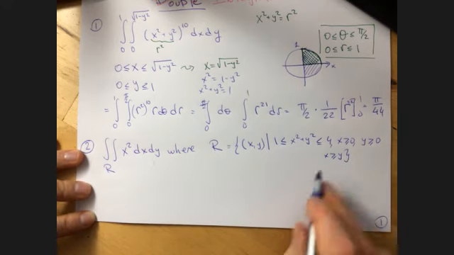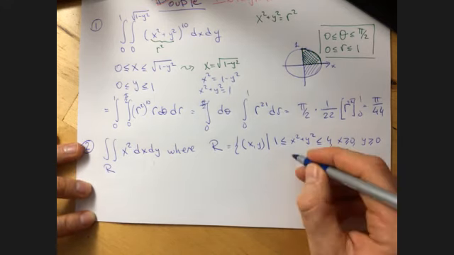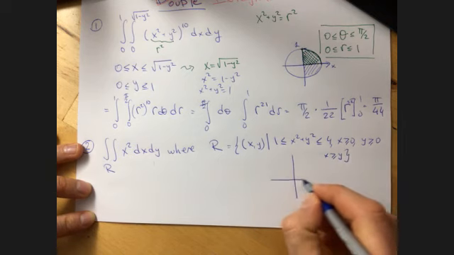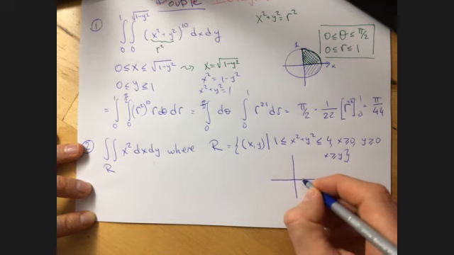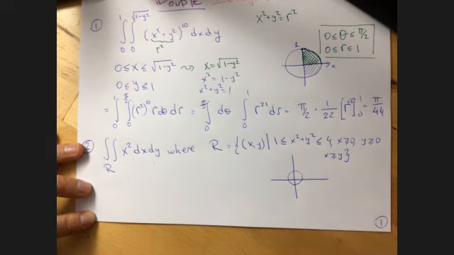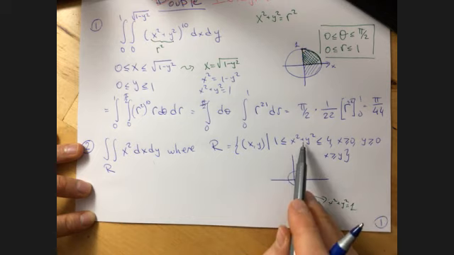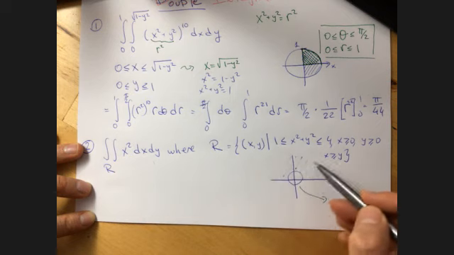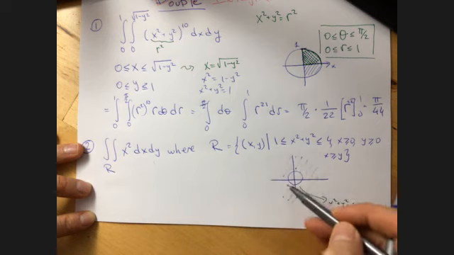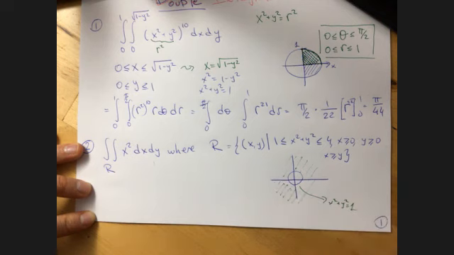Okay, so let's see what this region actually represents here. First of all, x squared plus y squared is equal to 1 is the unit circle. If x squared plus y squared is greater than 1, then we are talking about all the points outside of the unit circle. Okay?